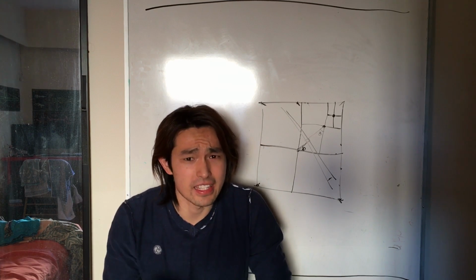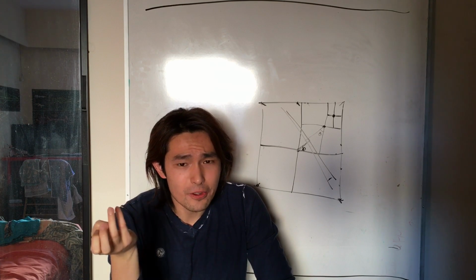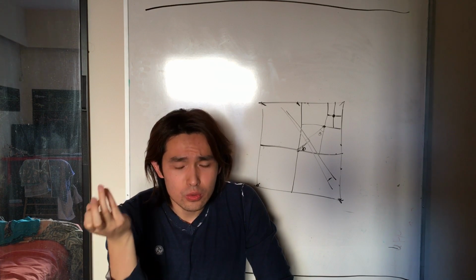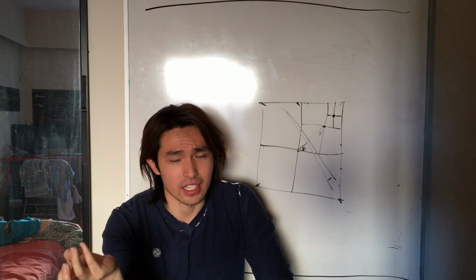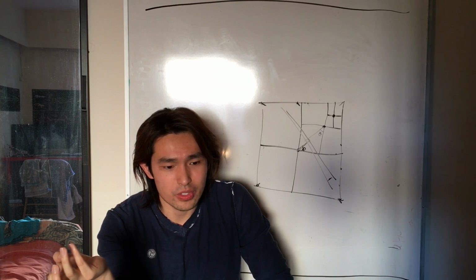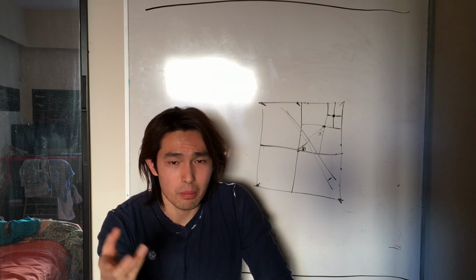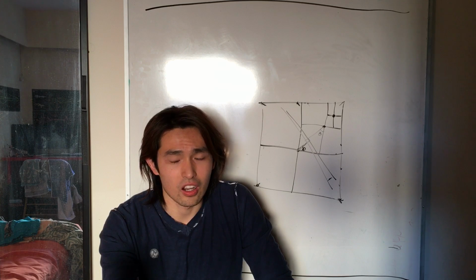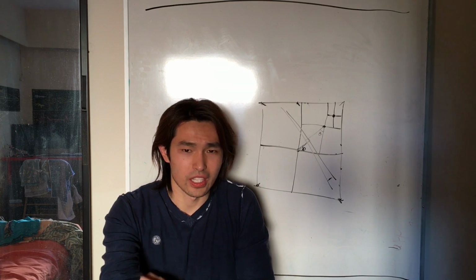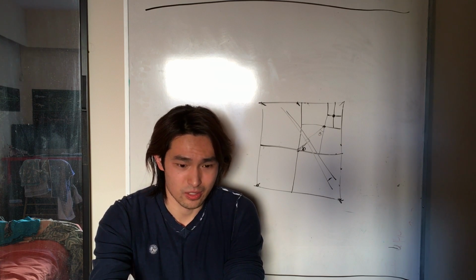The problem with that is when you have error in the image, then the lines might not intersect. Suppose there is a line, but there's error in the image, and these points are not on top of each other. Then you have no way of knowing if there's actually a line or not because of this error.